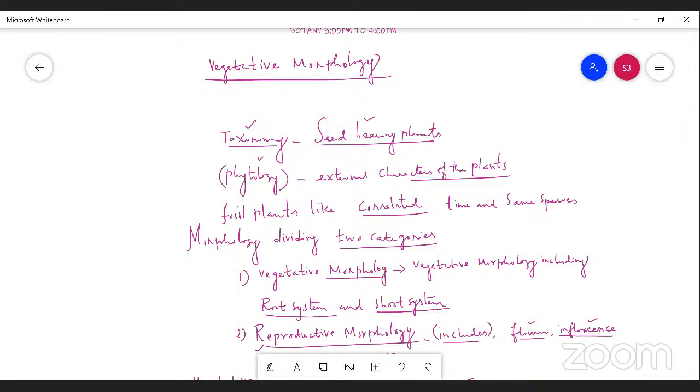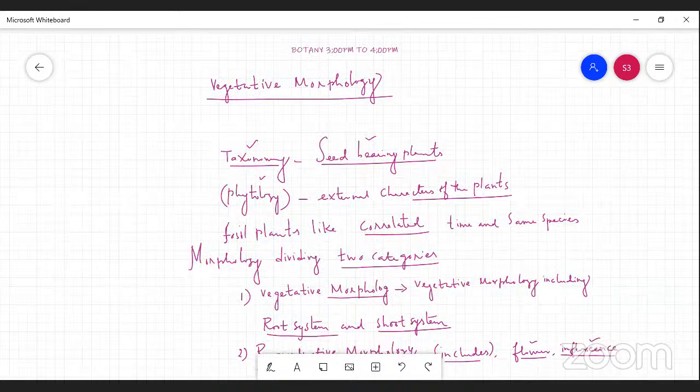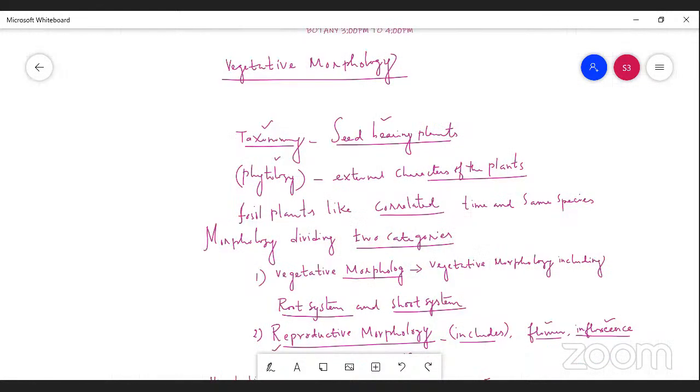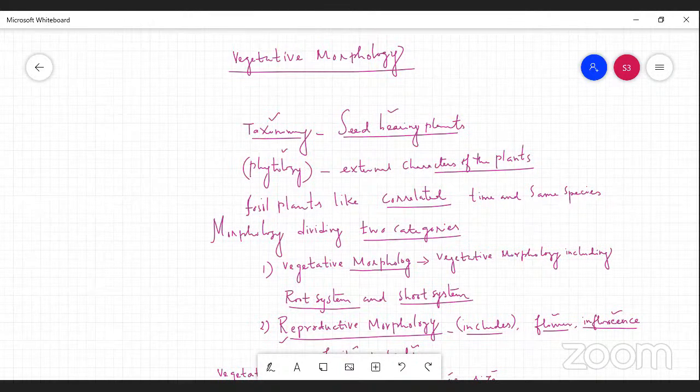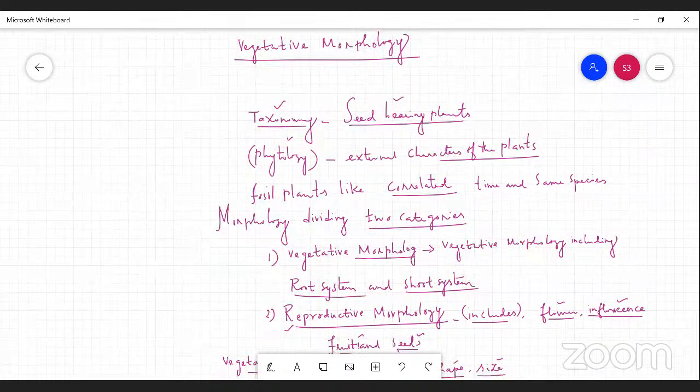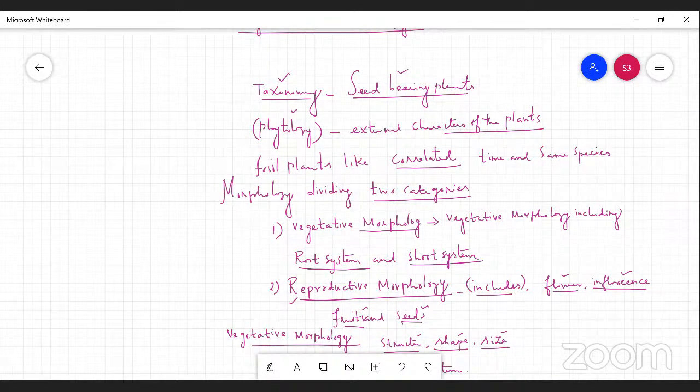So, vegetative morphology. What is vegetative morphology? The study of the various external characters is called morphology. Morphology is useful for taxonomy, phytogeography, and the study of fossil plants.